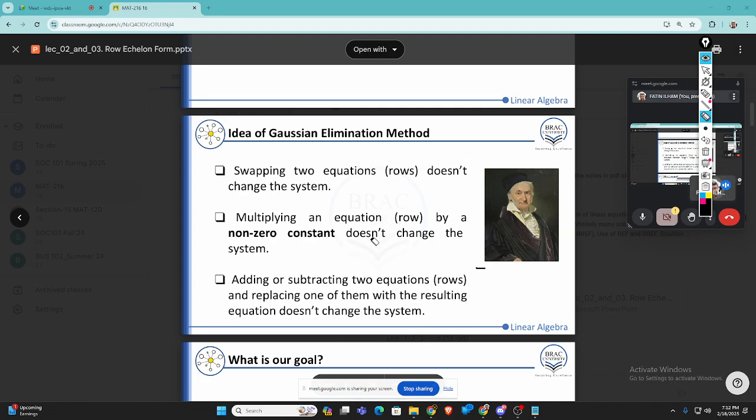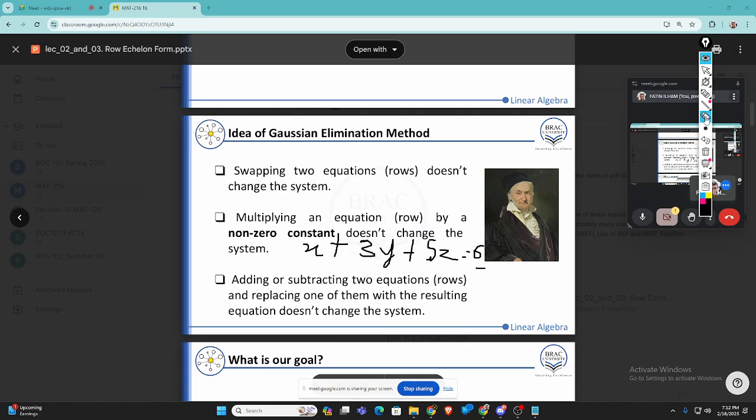Another thing: multiplying an equation by a non-zero constant doesn't change the system. It's pretty simple too. Let's see, x plus 3y plus 5z equals 6.